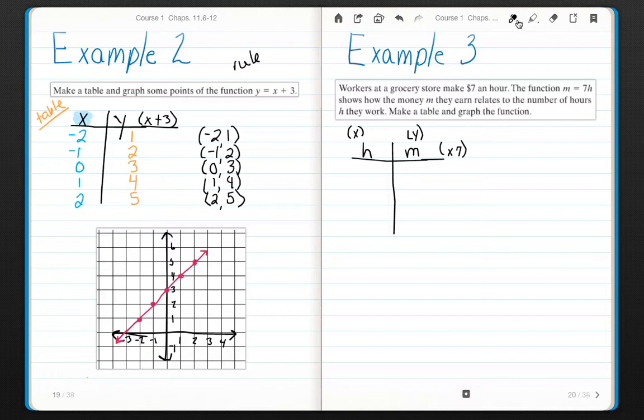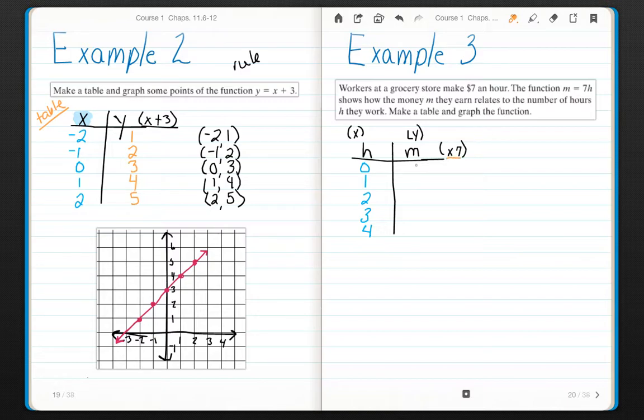So let's say I work 0 hours, 1 hour, 2 hours, 3 hours, and 4 hours. So input times 7 gives my output. We're doing times 7 as a rule today.